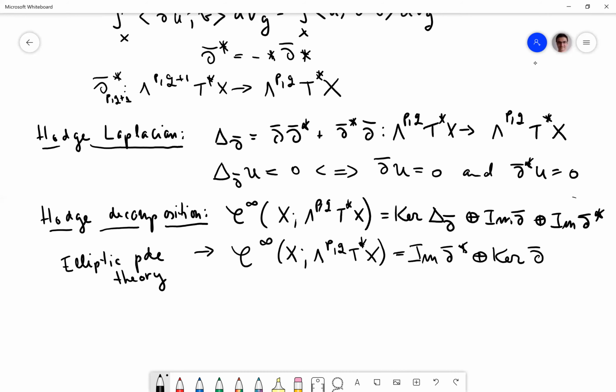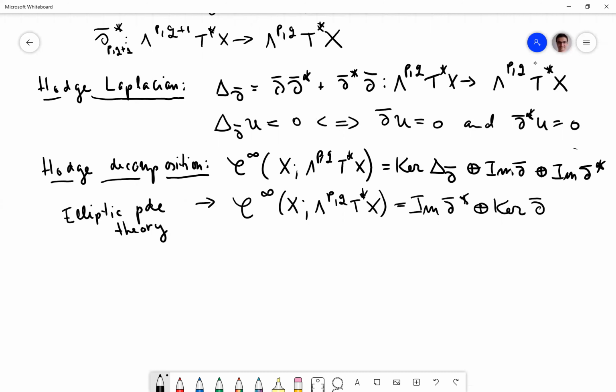Okay, so this is the Hodge decomposition, and from here you get a Hodge isomorphism theorem, as in the real case.